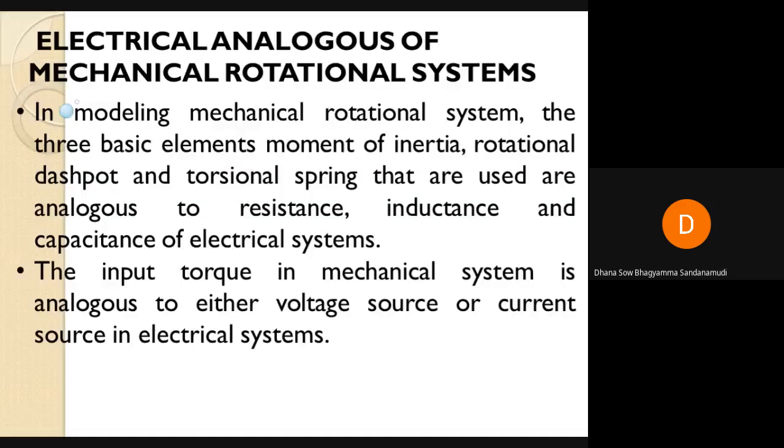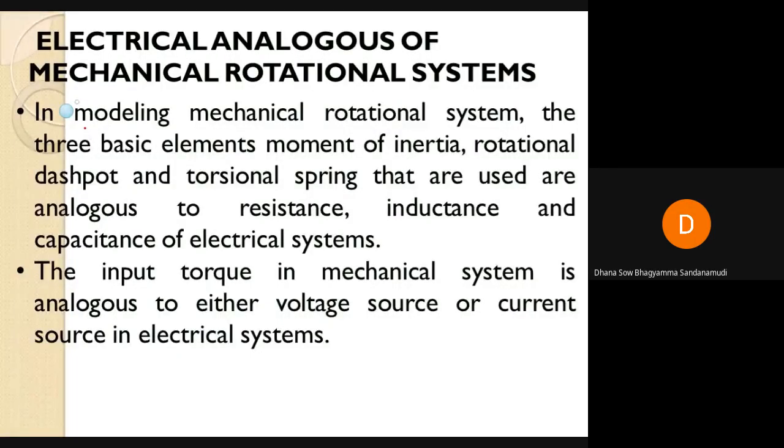Okay. So we know that if I want to model the mechanical rotational system, it will have three basic elements. Number one, moment of inertia.